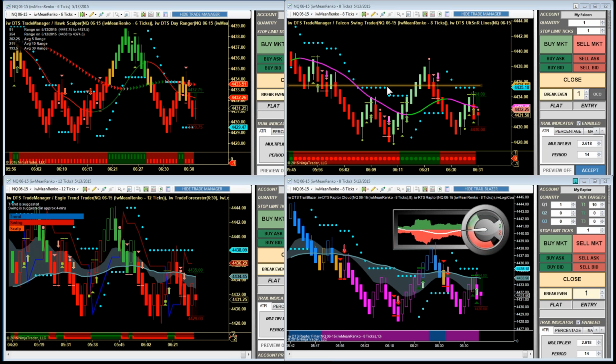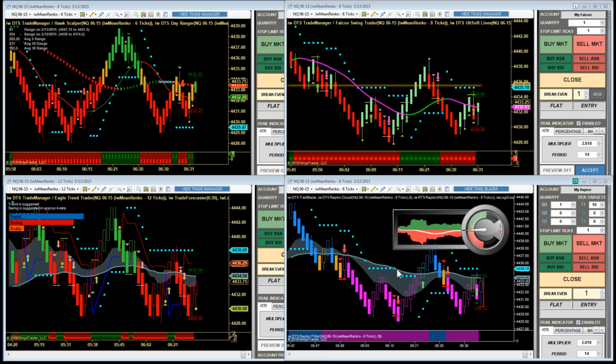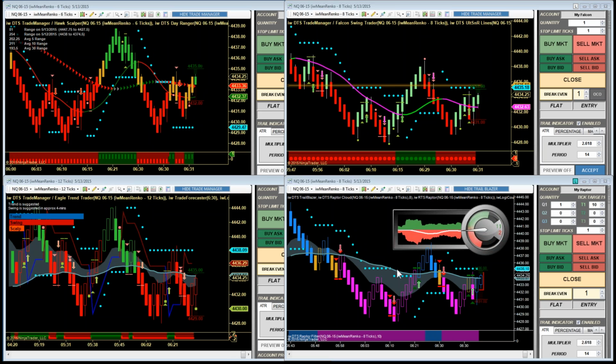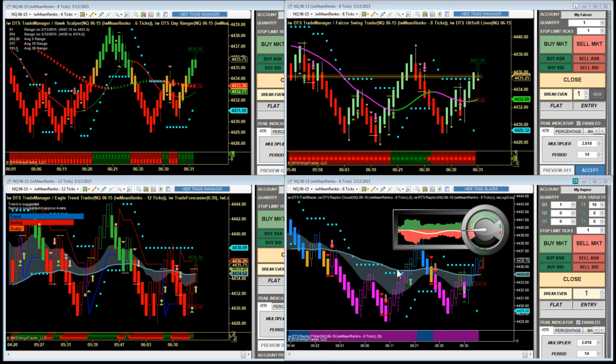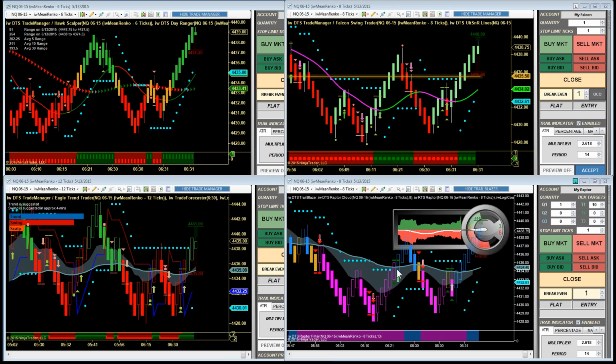Top right, Falcon Swing Trader. Bottom left, Eagle Trend Trader. Bottom right is the Raptor. The Raptor is the latest addition to the DTS family. It is sort of a blend of the other 3 tools. It's going to incorporate elements of the Hawk Scalper, Falcon Swing Trader, and Eagle Trend Trader.